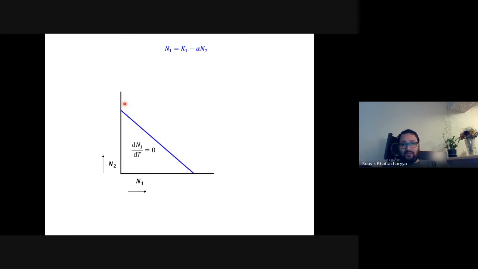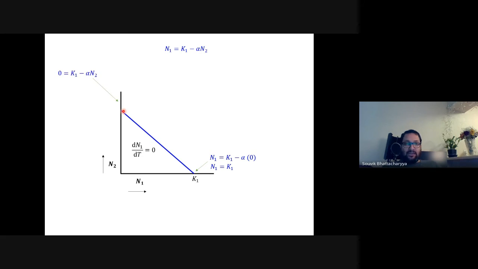Because this is negative, it will become a slope. Not only that, you see that this line intersects where N2, the value of y, is 0. All the values of y on the x-axis are 0. So here N2 is 0. That means here N1 becomes K1, and this is K1.